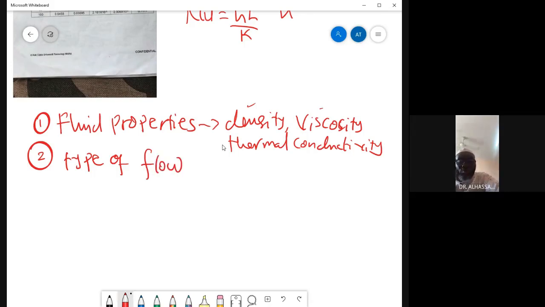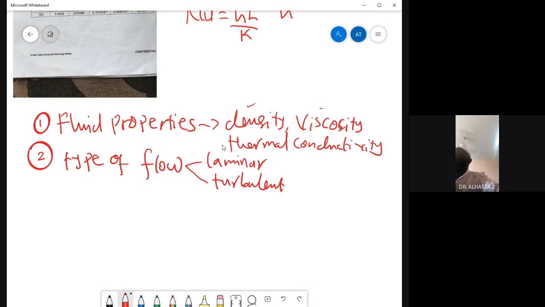Okay, so if the flow is laminar or the flow is turbulent, the calculation of the overall heat transfer coefficient is going to be different.